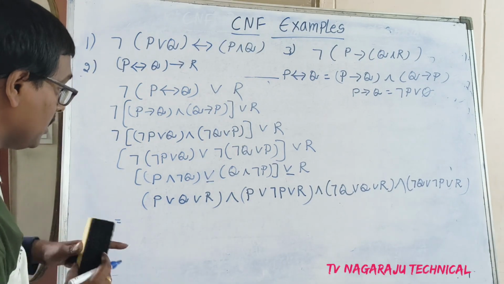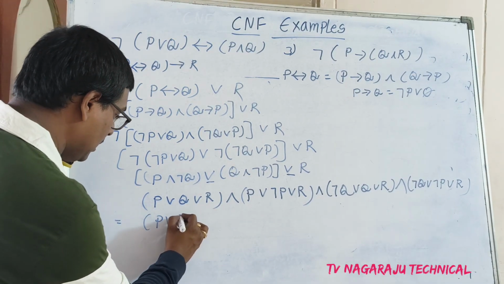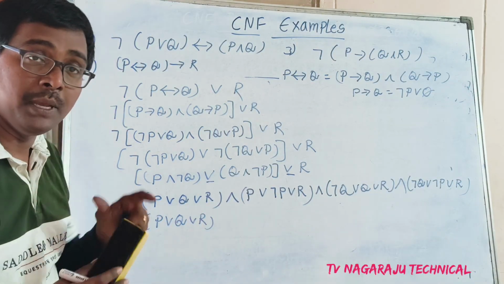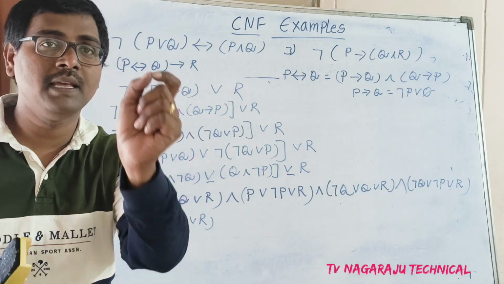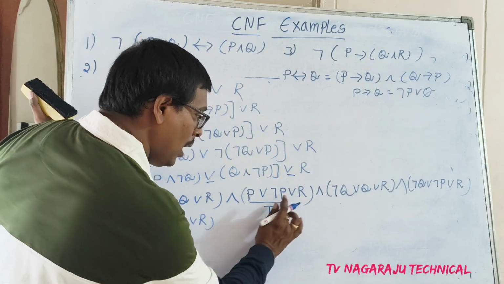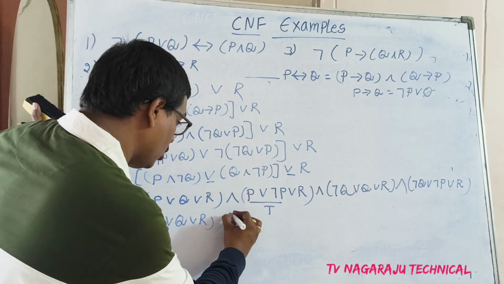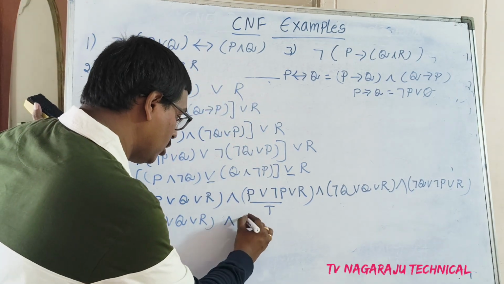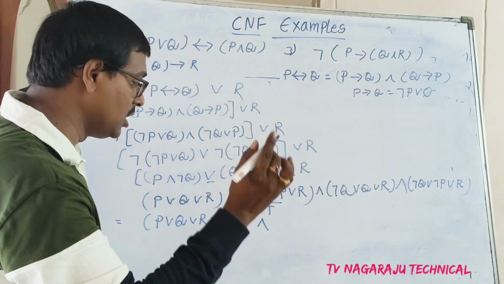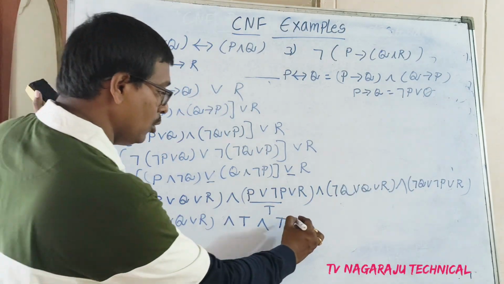Now any conflicts? P or Q or R. P or negation P, in the sense, is true. True or R, true or anything, that is true. And negation Q or Q is equal to true. True or capital R is equal to true.